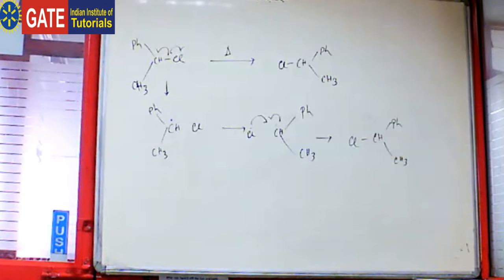Now, second, not only thermal, racemization can also happen through carbocation formation.